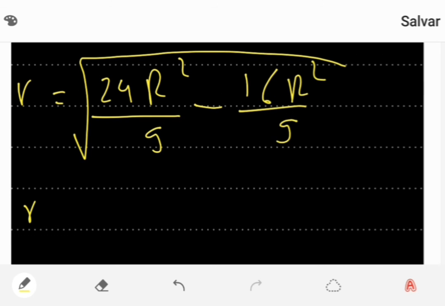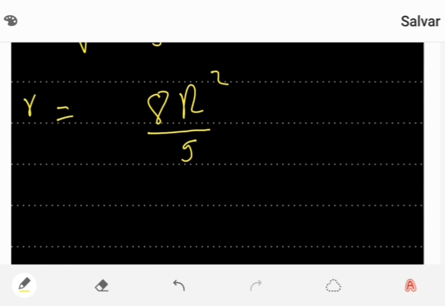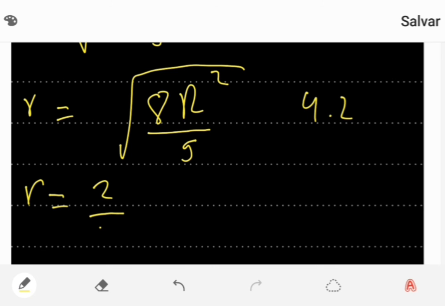So we will have that r is equal to 24 minus 16, which is 8R squared divided by 9, to the square root. So r is equal to, now remember that 8 is 4 multiplied by 2, so it will be 2 divided by 3, R square root of 2.